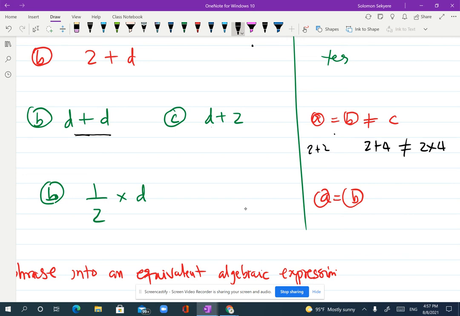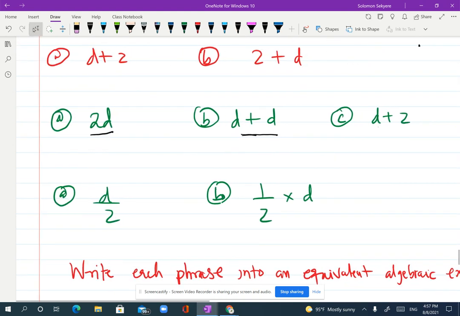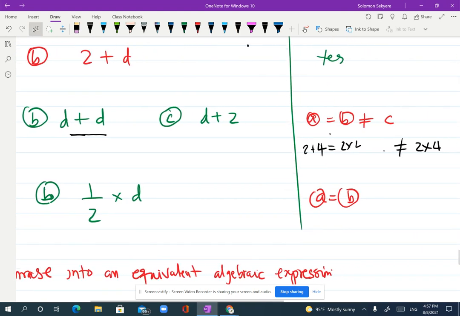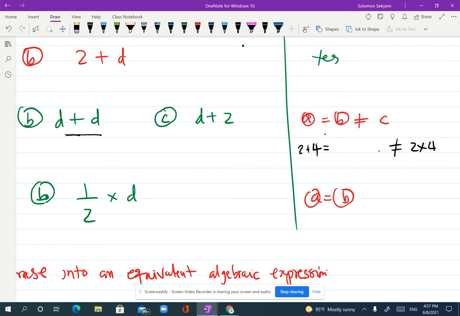2 plus 2 is equal to 2 times 2. So 2 plus 4 is the same as 2 times... 4. Let me see. 2 times 4 is the same as 4 plus 4, but it's not the same as 4 plus 2.